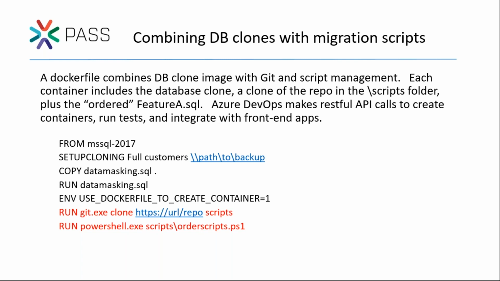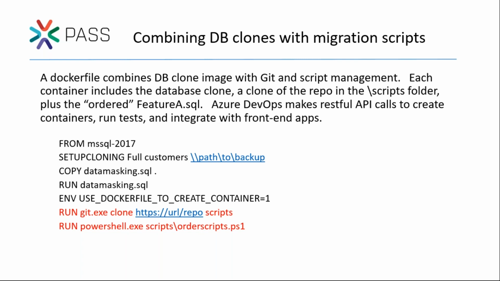And then at runtime, we're going to clone our source repo into a scripts folder in the container. So the run git.exe clone the URL to scripts is pulling that repo. And then at runtime, the next thing we're going to do is run that PowerShell script, the order scripts.ps1, and that's going to generate that feature A script.